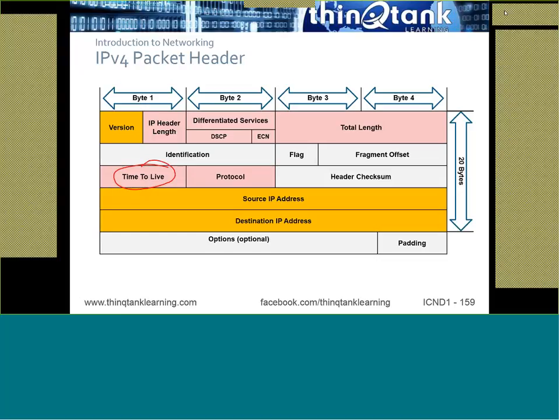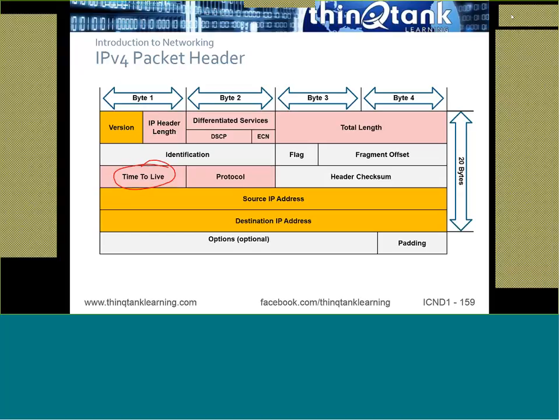Let me explain how this field works. When a device generates a datagram, it seeds or sets a value into that field. Depending on the type of device will depend on what that value is. But let's say it's the maximum. What is the maximum number I can put into that field? It's 8 bits, but from a decimal standpoint, the maximum is 255, right?